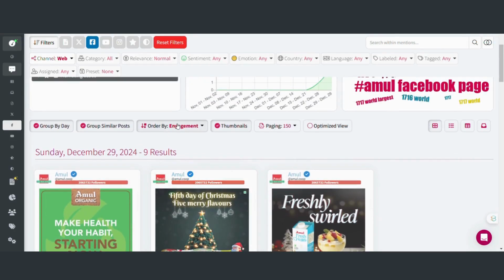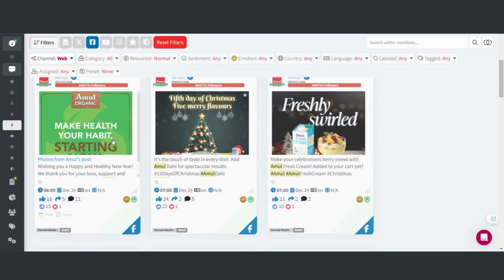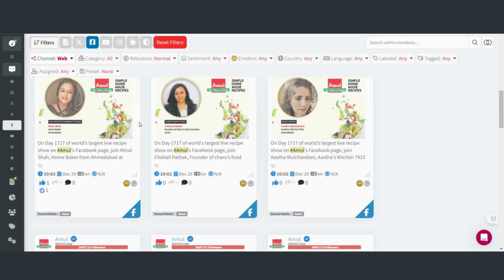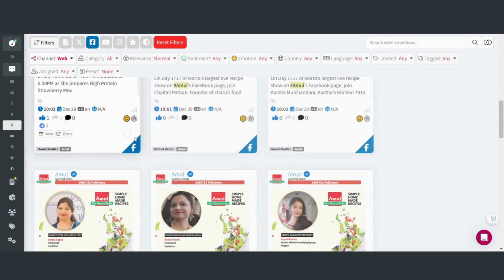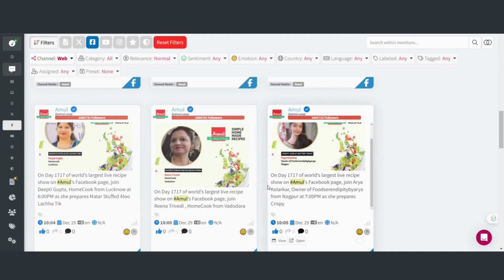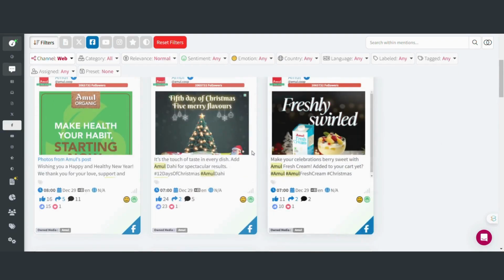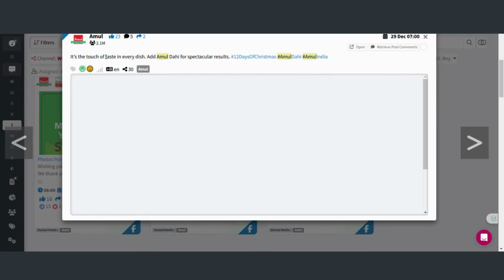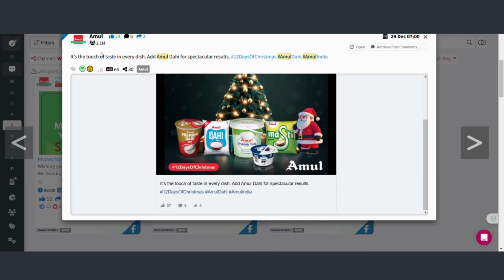When I filter by engagement, I can see these many tweets on December 29th, all of them mentioning Amul and having positive sentiments. I can also look into specific posts again by clicking on them and checking the number of likes, comments, and retweets.